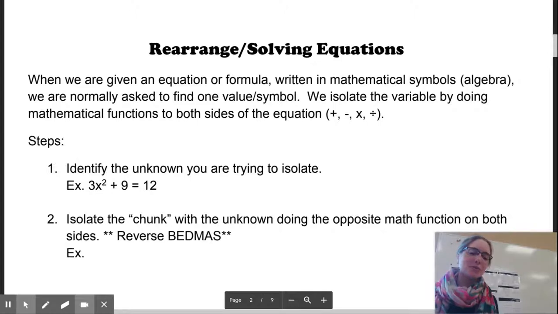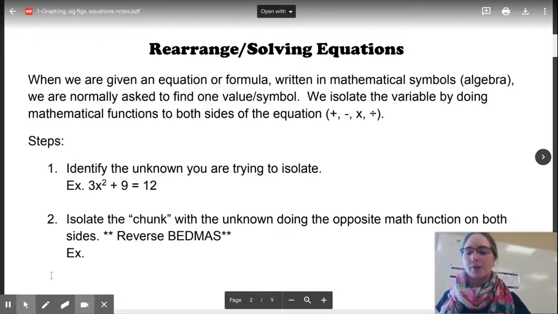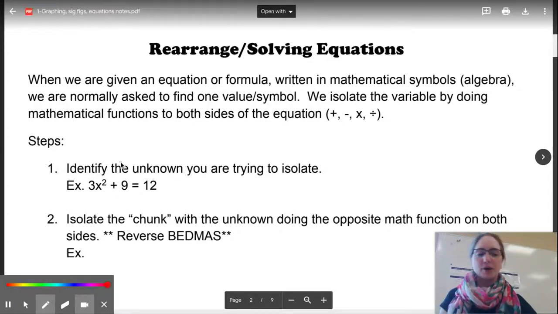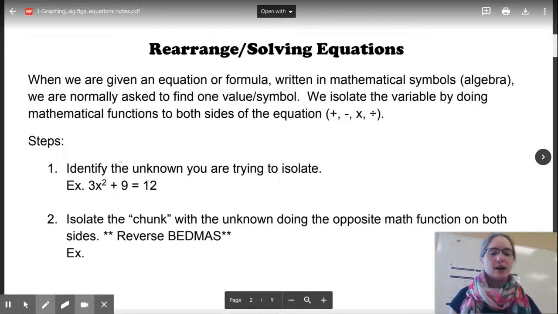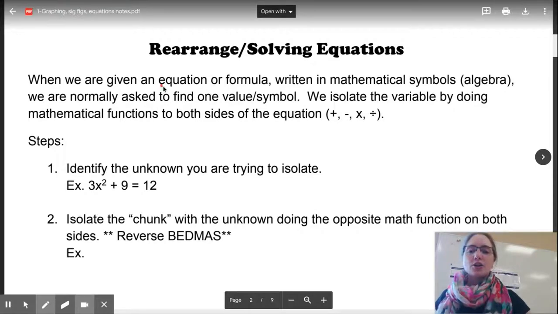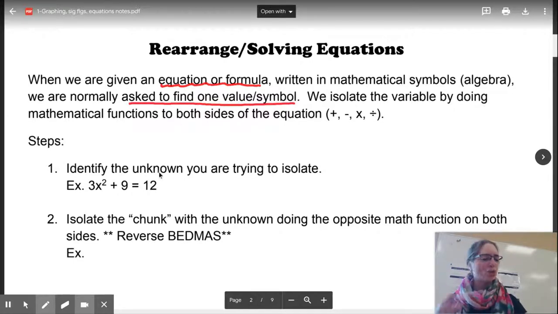So the first skill we're going to be looking at is really vital for Physics 20, or any physics, because it involves rearranging equations. Rearranged equations are used in order to solve for different scenarios, and you're going to be asked to rearrange it, to organize it using your algebra in order to find a specific variable.